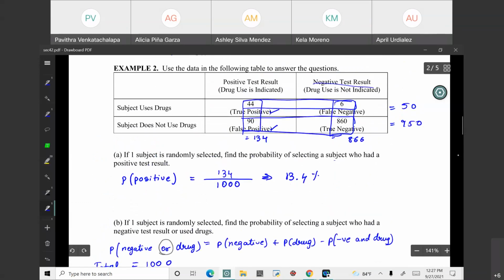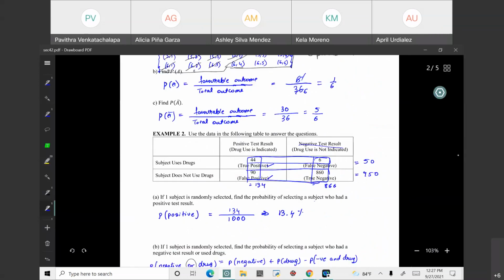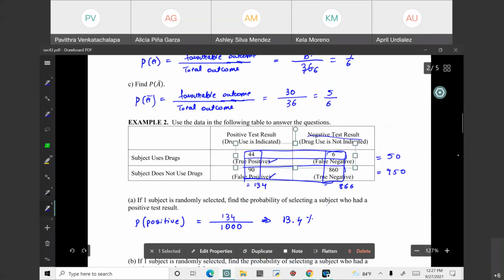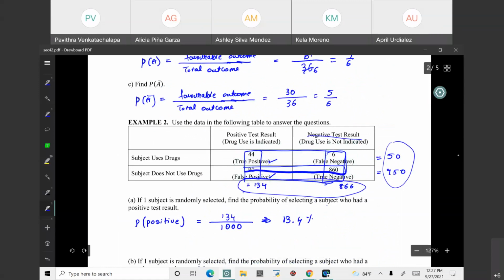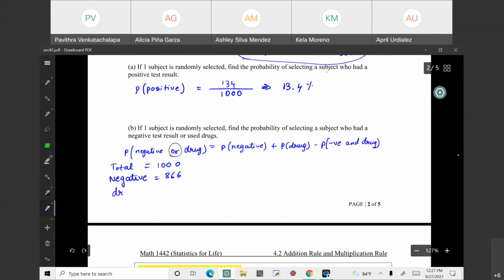Now people who have consumed drugs, do not see this one, okay? Just observe this and this. I just need the total numbers. Now tell me how many people in total are subjected to drugs? 50, right? So drugs equals 50.